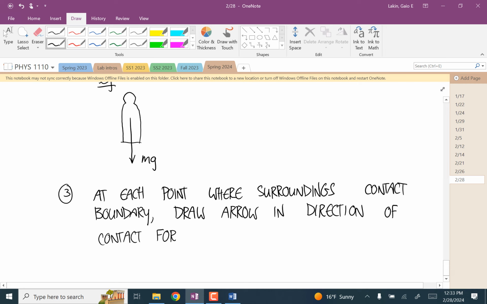And then label that arrow with a value if you happen to know what that force is. Usually you won't. Or with a variable representing the magnitude of that force.